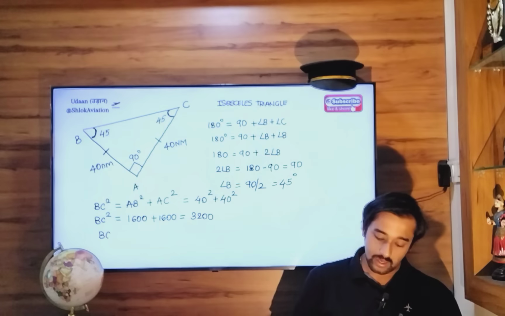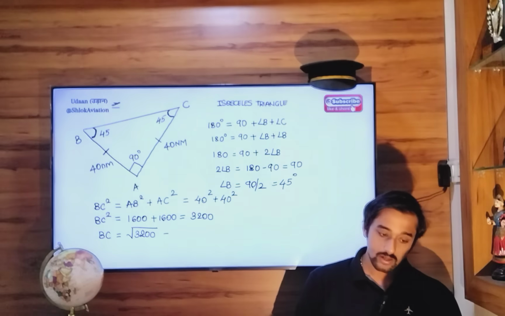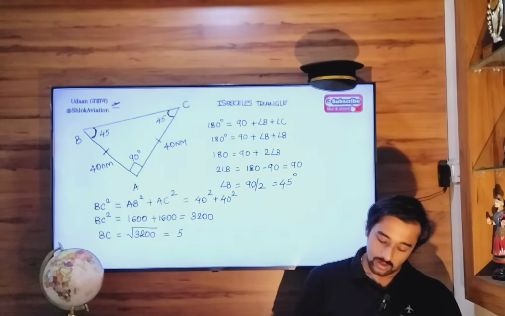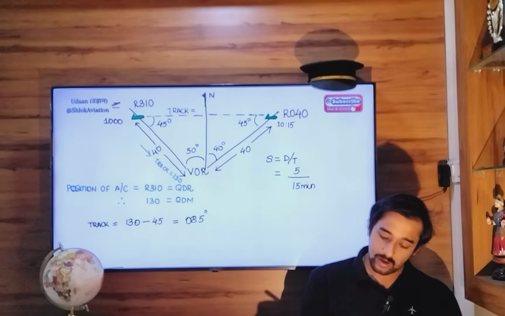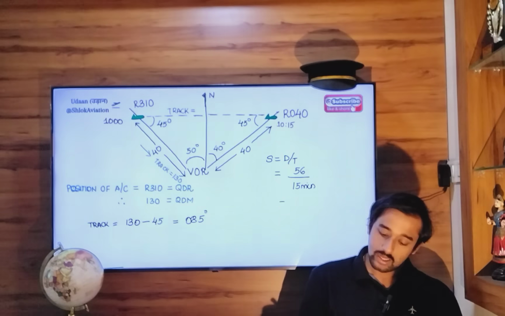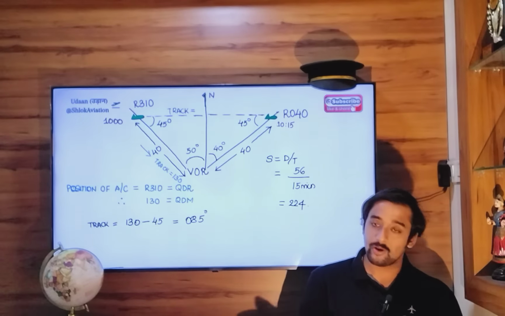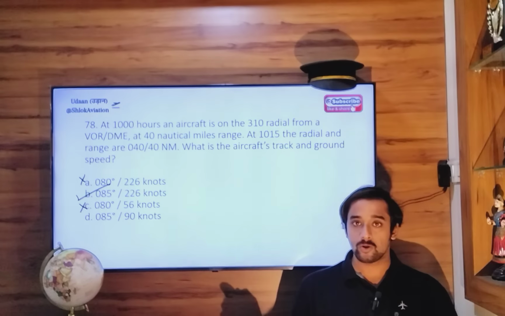So BC will be equal to the square root of 3200, that is equal to 56 nautical miles. So speed will be 56 divided by 15, that is 224 knots. So this becomes the correct answer, option Bravo.